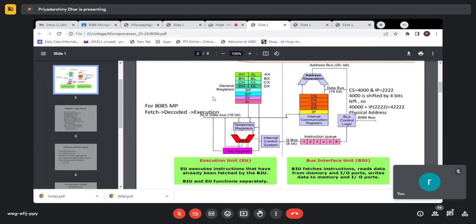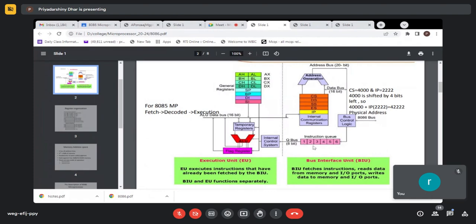Now the execution unit takes the instruction from this instruction queue. That means the first instruction, this opcode, is sent to the execution unit. The execution unit executes this instruction with the help of the ALU, flag register, and general purpose registers. This is our first in, first out.